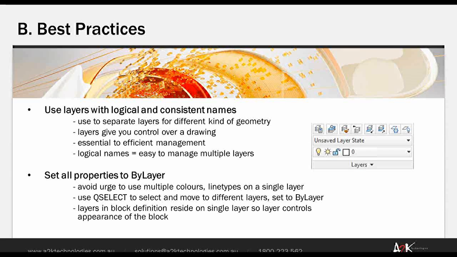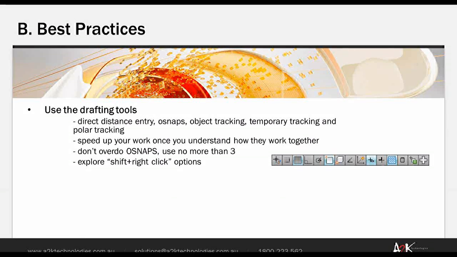If you have a manhole cover and it's drawn on C-manhole and it's green, you can specify when you create the block to put all the contents inside it on layer 0, save the block, and then when you insert the block onto that layer, it will adopt the color of that layer. So if you set the layer to green, all the contents of the block will go green. If you set the layer red, the block will display red. So really important one. It's really great if you want to do that sort of thing.